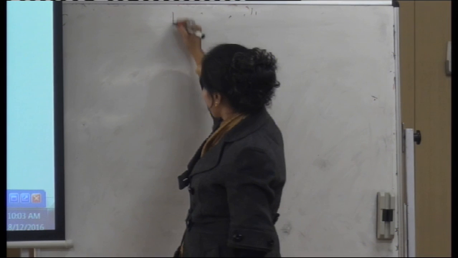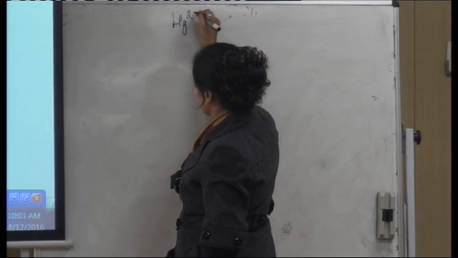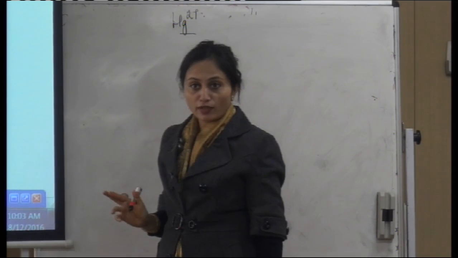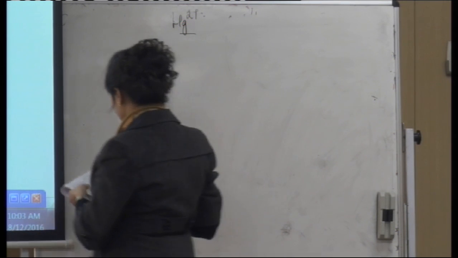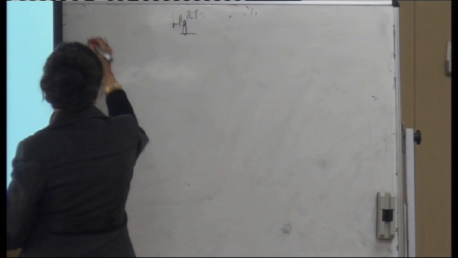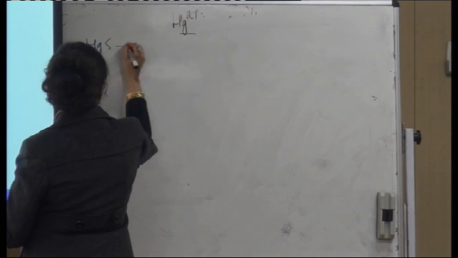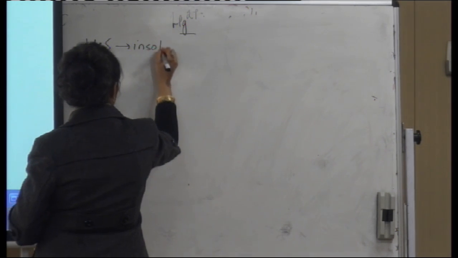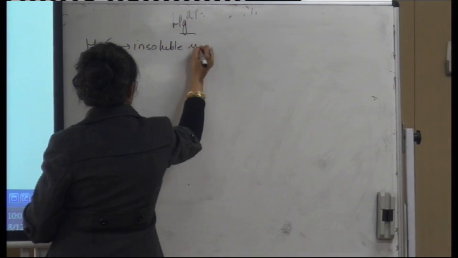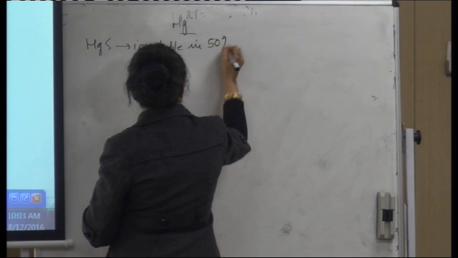If I am now talking about Hg2+, still on group 2, this is the third ion that we are discussing. So for Hg2+ you have HgS to be insoluble in 50% HNO3.